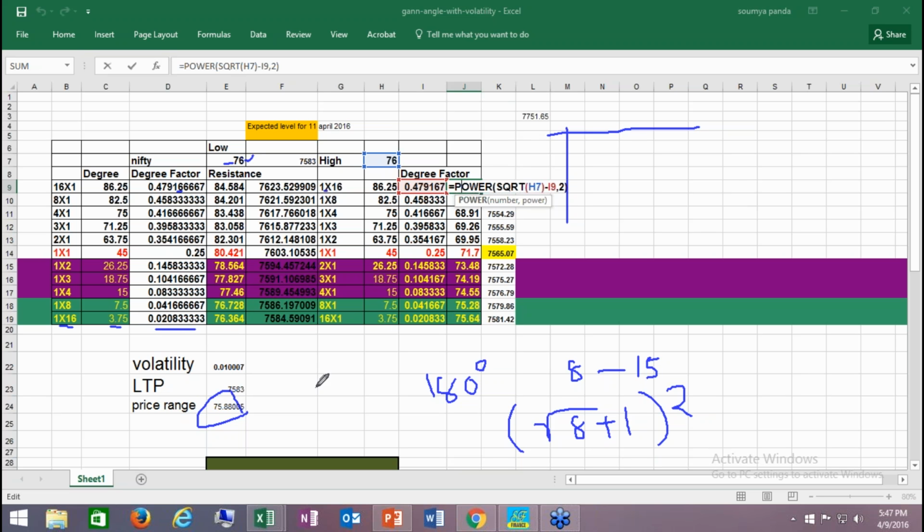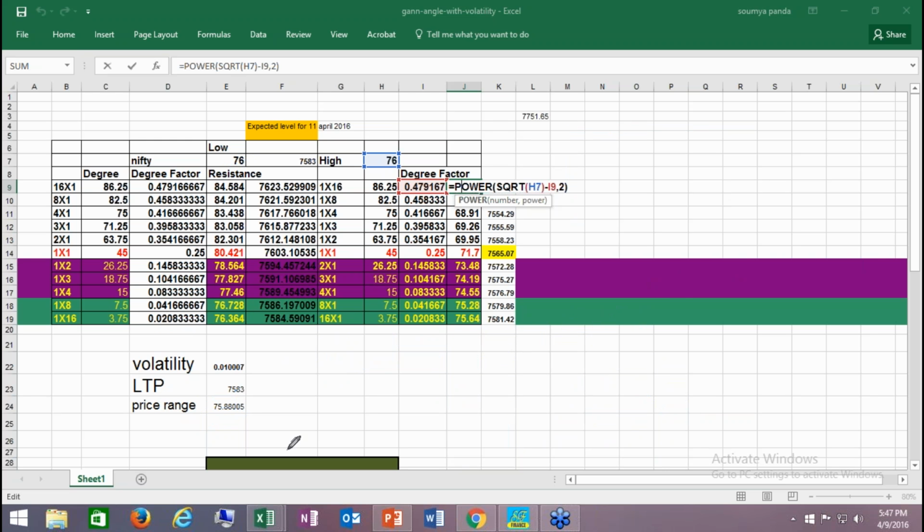For that I have to take the square root of 76 and add the 3.75 degree factor. Whatever result I get, I have to square it to get a number which is 3.75 degree above the number 76. This is what it is telling.